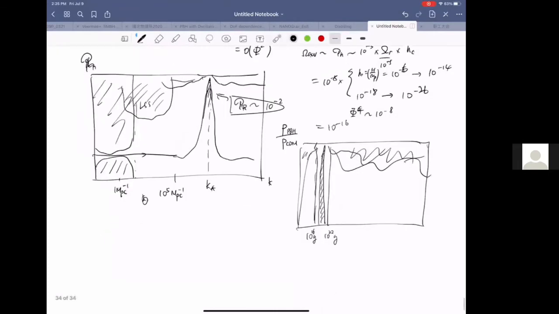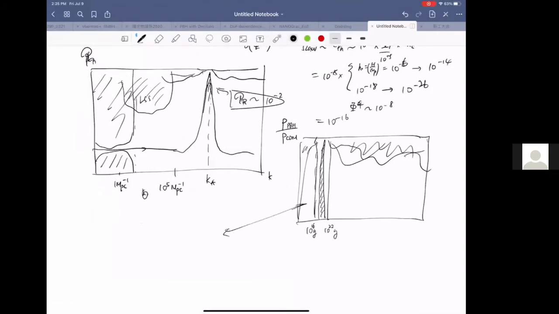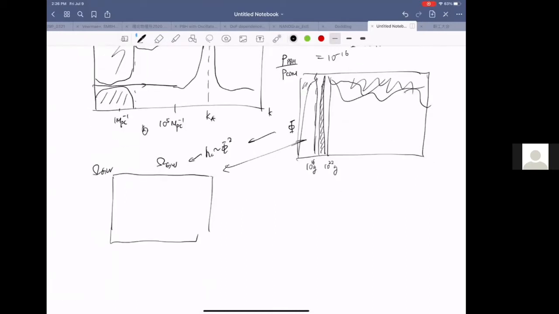So the mass function of the primordial black hole can be peaked here. And this corresponds, from this curvature perturbation, let's see, Newton potential, to the tensor perturbation and to the gravitational wave, which is inside the detectability of LISA.